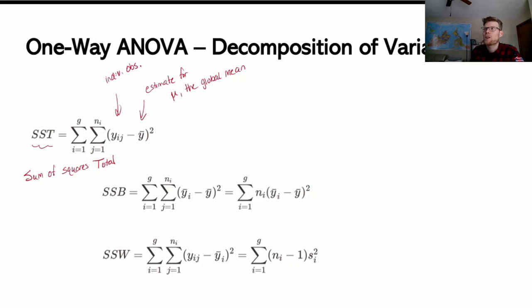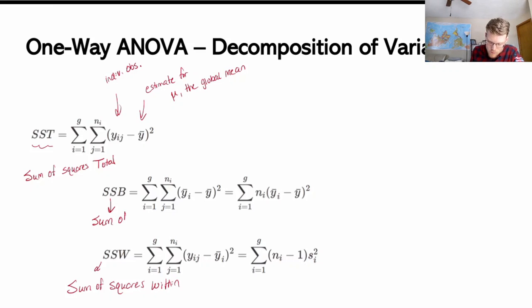And I am decomposing that variance into two pieces. One is the variance that I'm observing within each individual group. That's this SS within, so sum of squares within. And I'm also decomposing it into the sum of squares between groups.